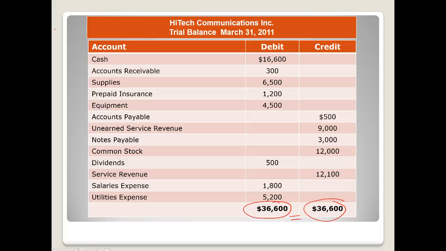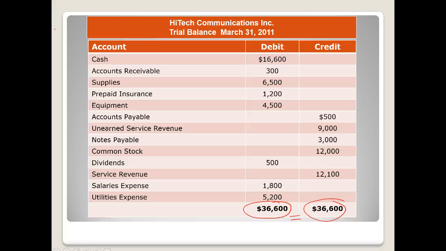But if your trial balance has total debits equaling total credits, then you would know, as an accountant, that you were ready to move on. You would be prepared to go to step 5 and step 6 in your accounting cycle, which we won't be covering in this chapter, but you would be better prepared to actually create the financial statements.